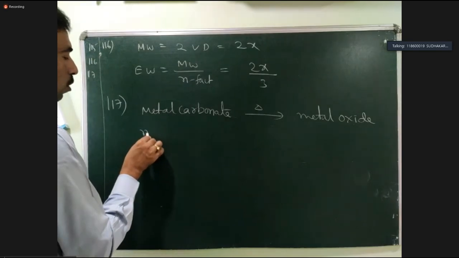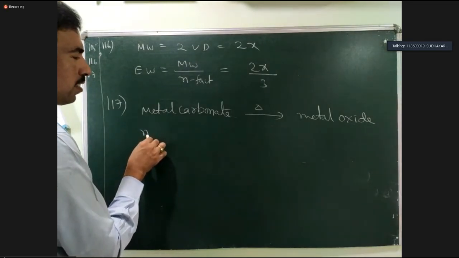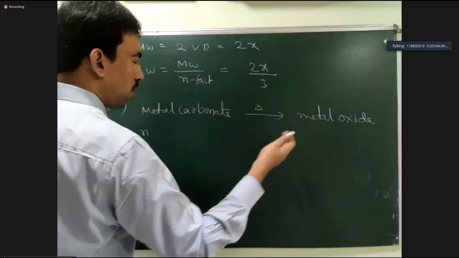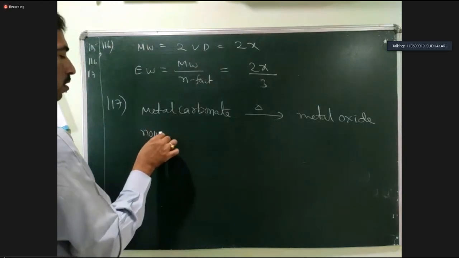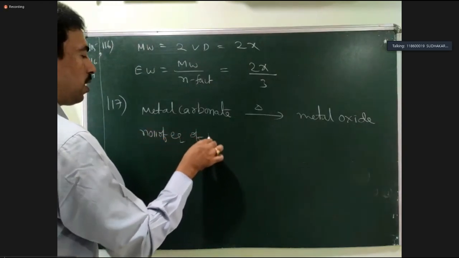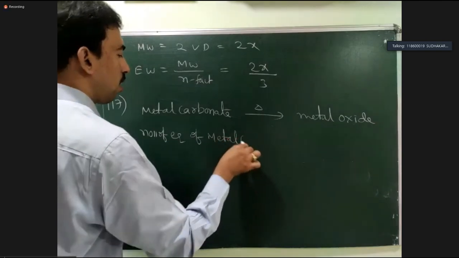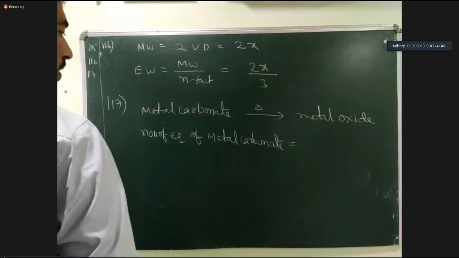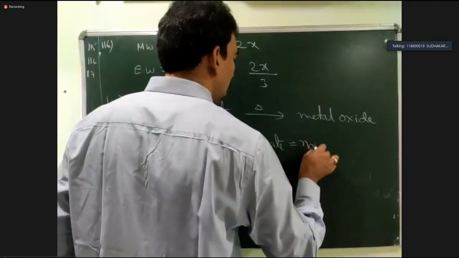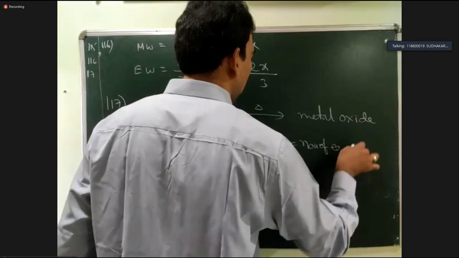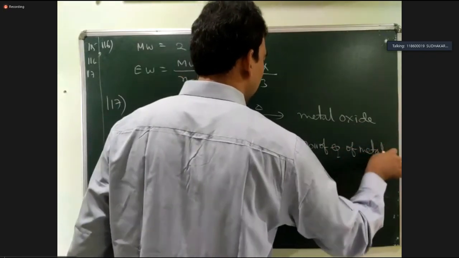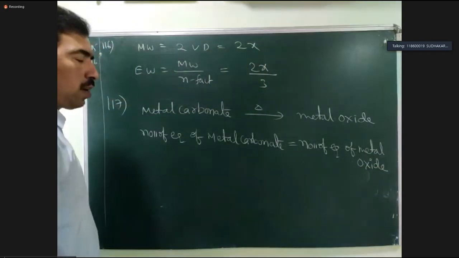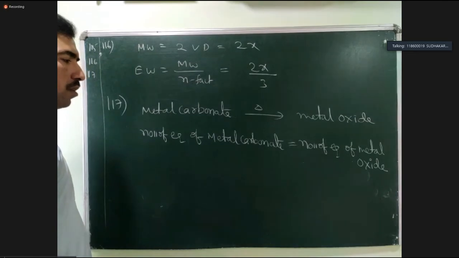You know that the number of equivalents of reactants reacted is equal to the number of equivalents of product formed. All of you please listen carefully, very important question. The number of equivalents of metal carbonate is equal to the number of equivalents of metal oxide. As many equivalents of metal carbonate are decomposed, that many equivalents of metal oxide will be formed.